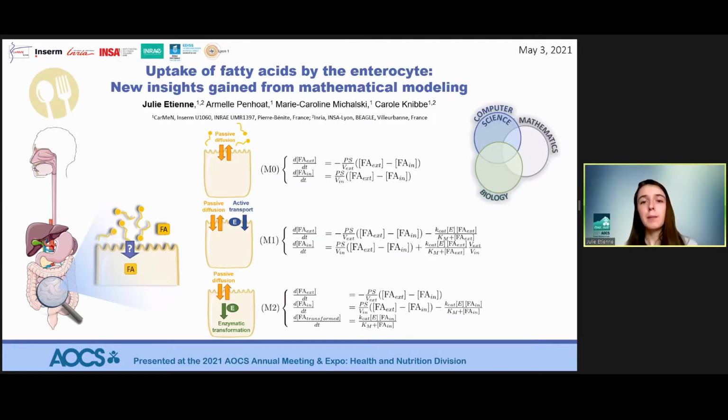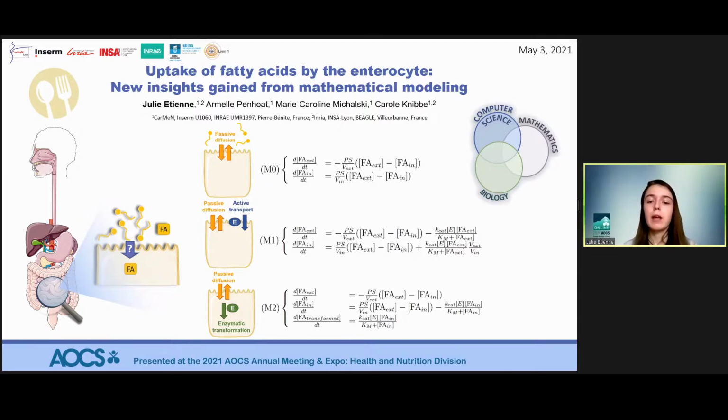So first, model M0 considers an uptake only by passive diffusion. Then model M1 considers an uptake both by passive diffusion and a carrier-mediated mechanism. This is the model suggested by the literature, and moreover, the carrier E is not clearly identified yet in the literature nowadays.